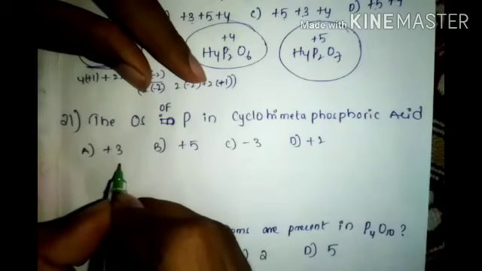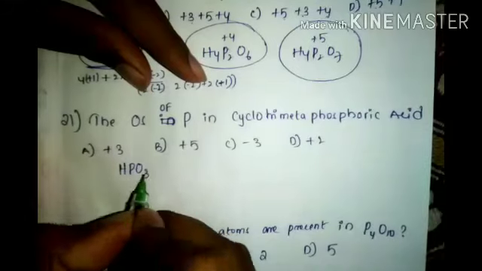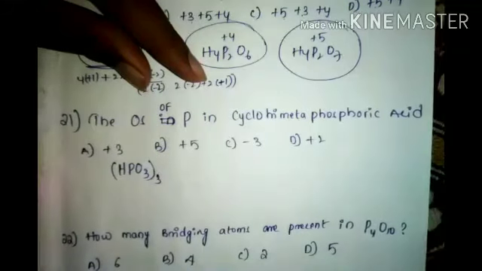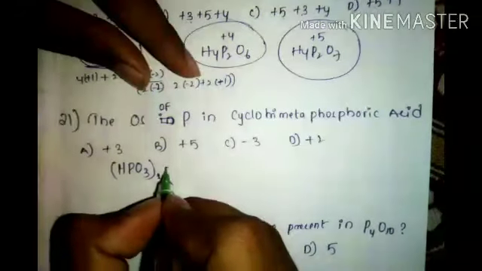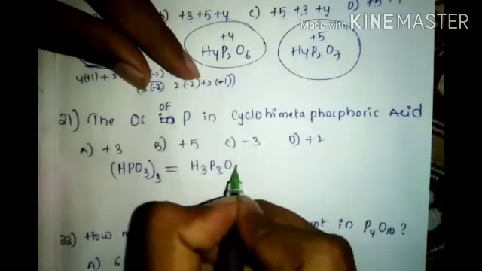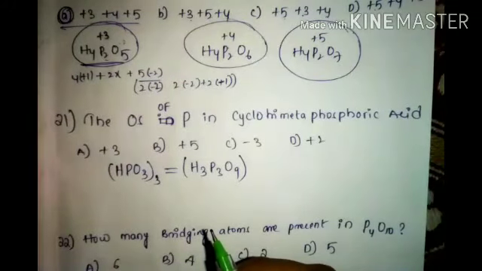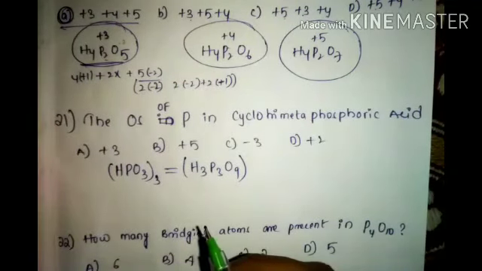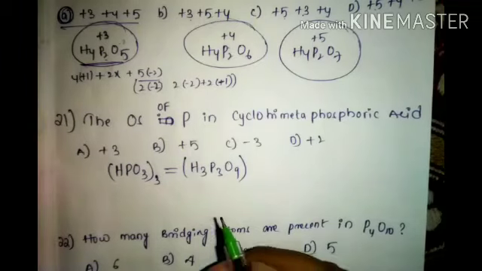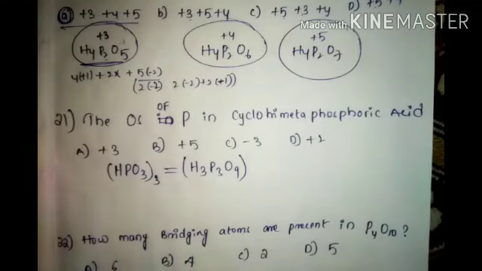The first formula is HPO3 or H3P3O9. That is also what we can do. This is the cyclic form.